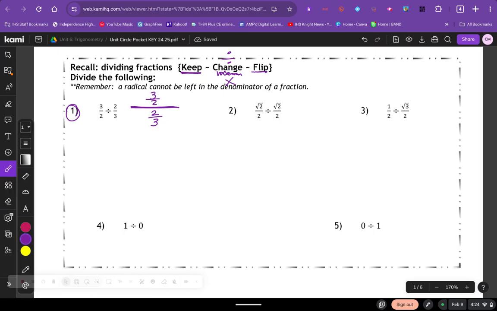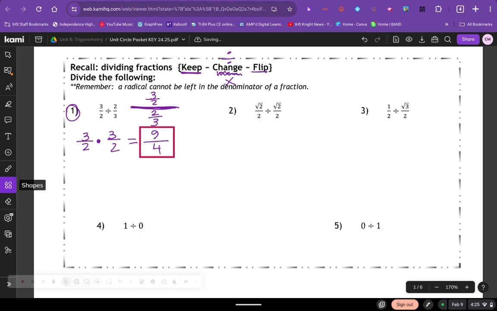I find its reciprocal. Then I simply multiply straight across the top, multiply straight across the bottom, and simplify your fraction if you need to.